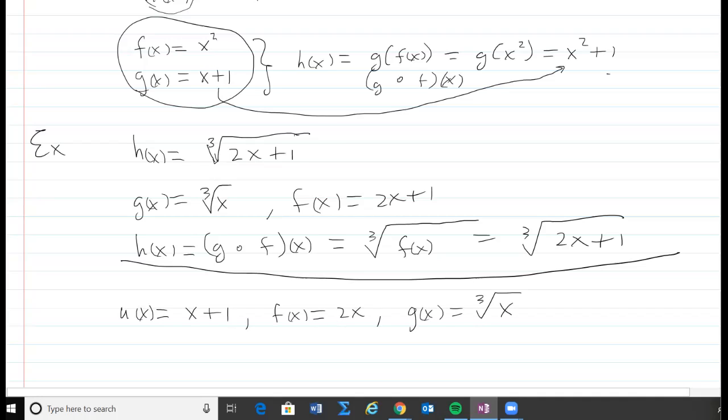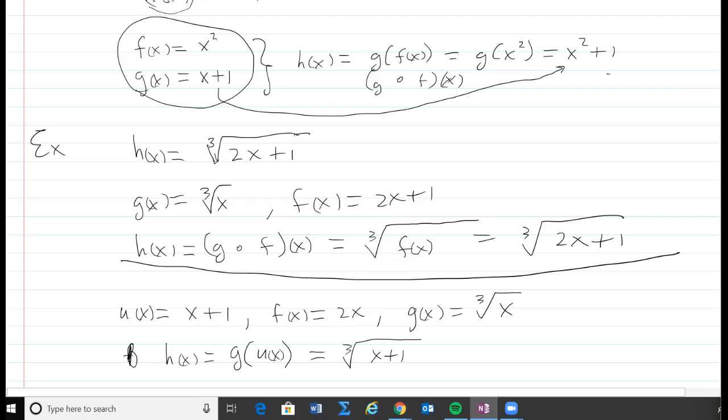Then this is sort of a composition of a composition. I want h, so h of x could be viewed as, first of all, g of u, because that would produce the cube root of x plus 1.